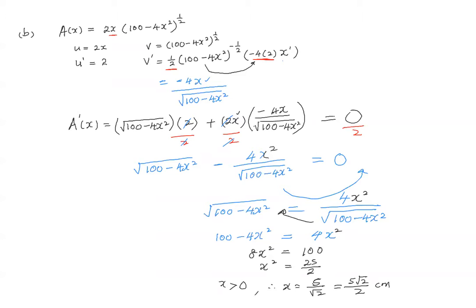So now we are talking about the dimension. Then you have to prove that it is a maximum. So you have to draw the sign diagram. Okay, so now what is the domain for x? What is the domain for x?